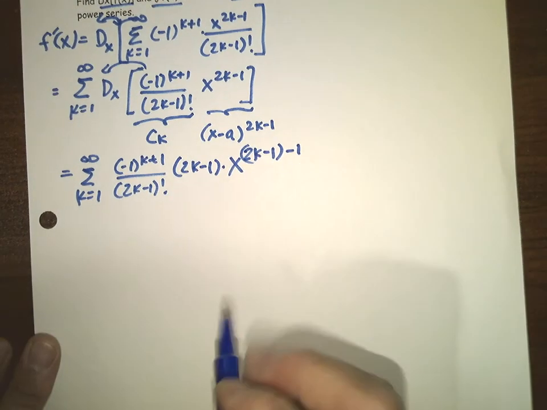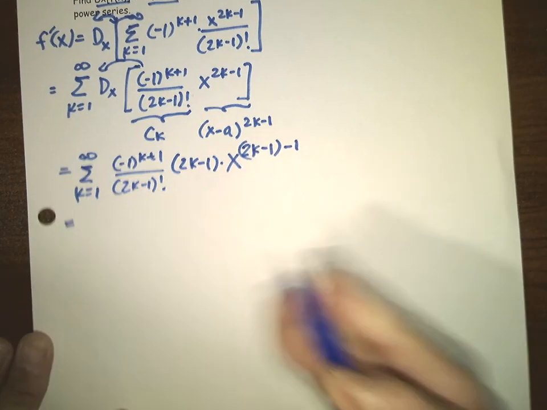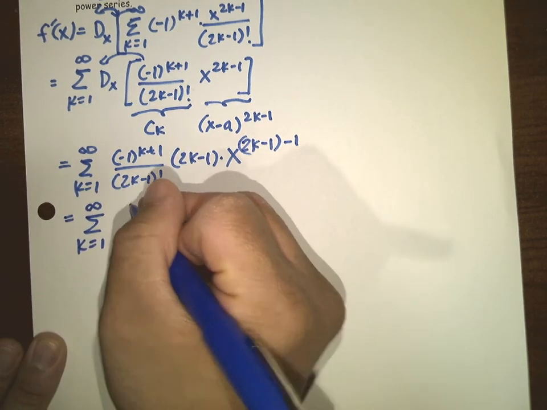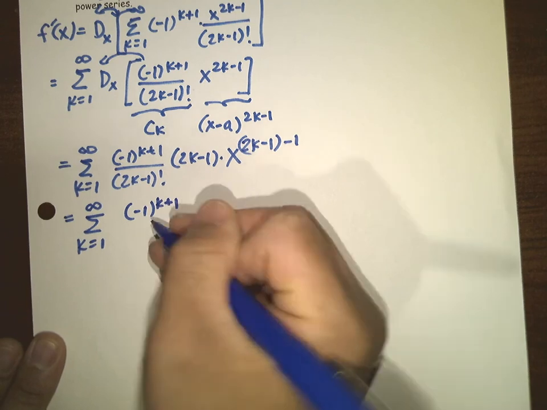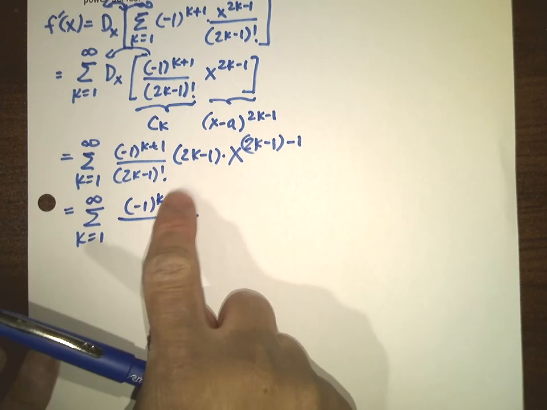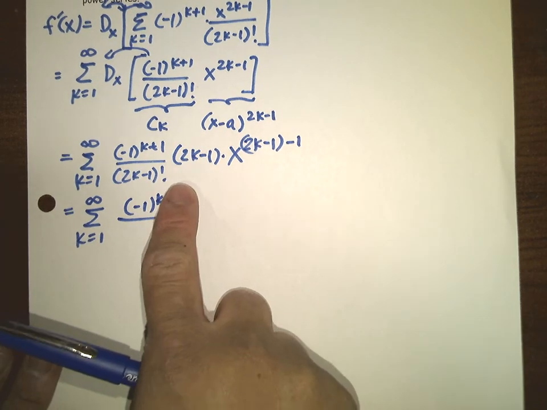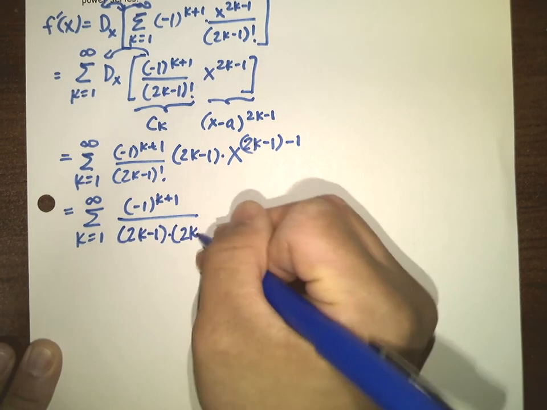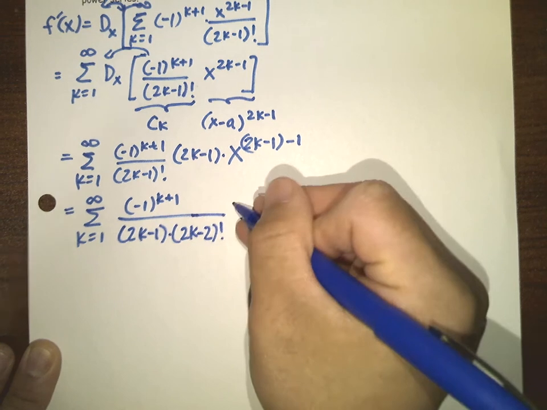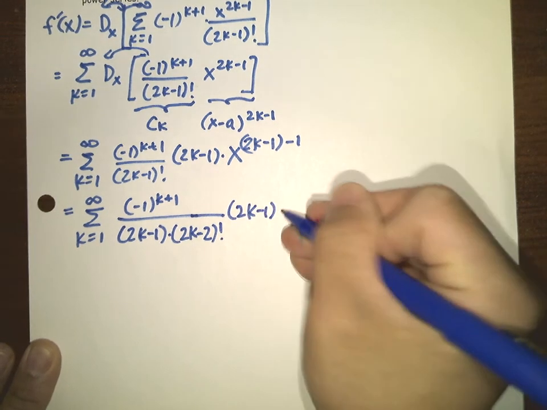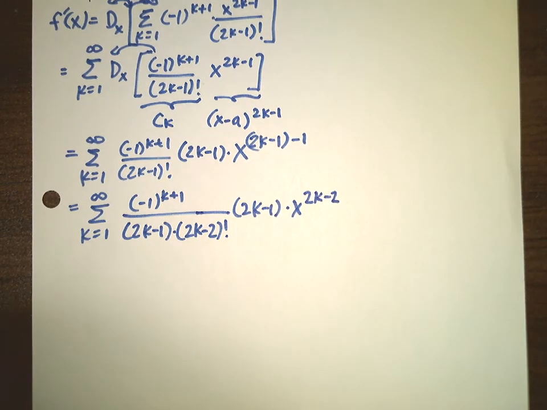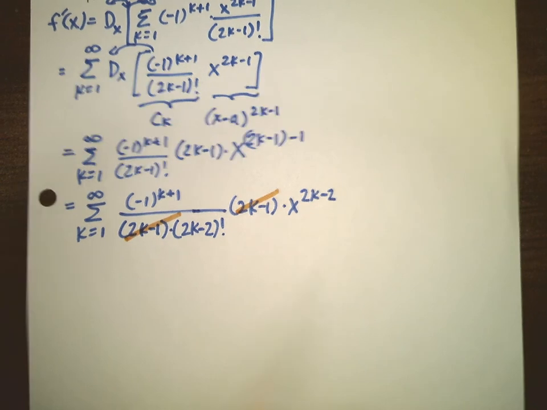And so then I can simplify this. 2k minus 1 factorial is really just 2k minus 1 times 2k minus 2 factorial, so I can divide out the 2k minus 1.